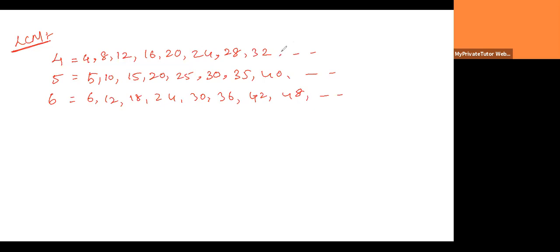It might take a longer time, and we might need to write more numbers. So we can use this method, obviously, but this is one method. The other method, you're going to use this way.